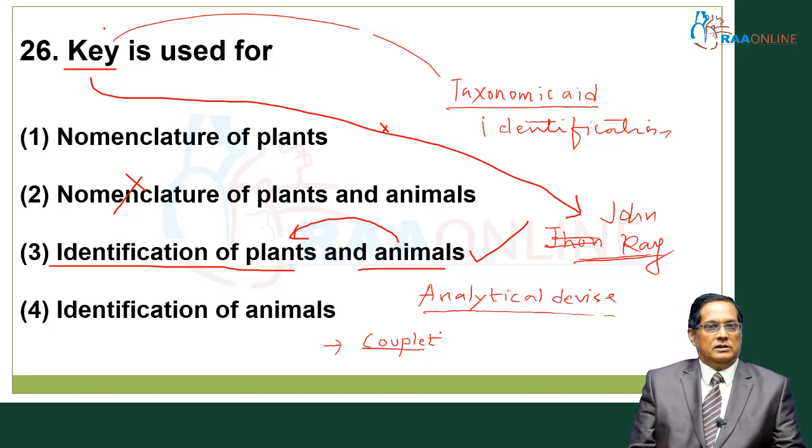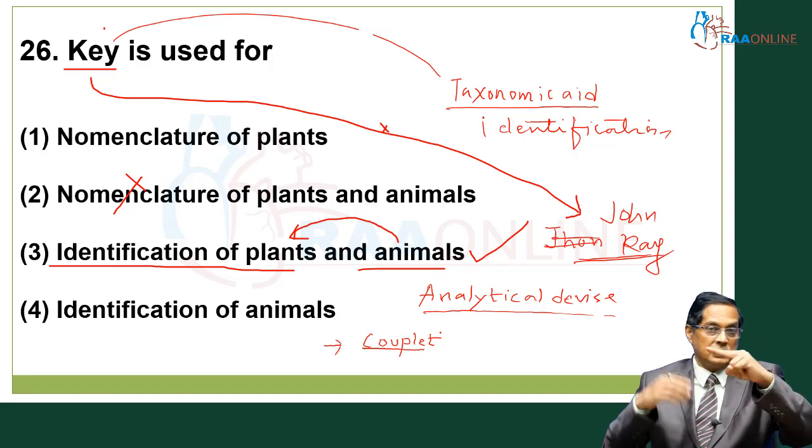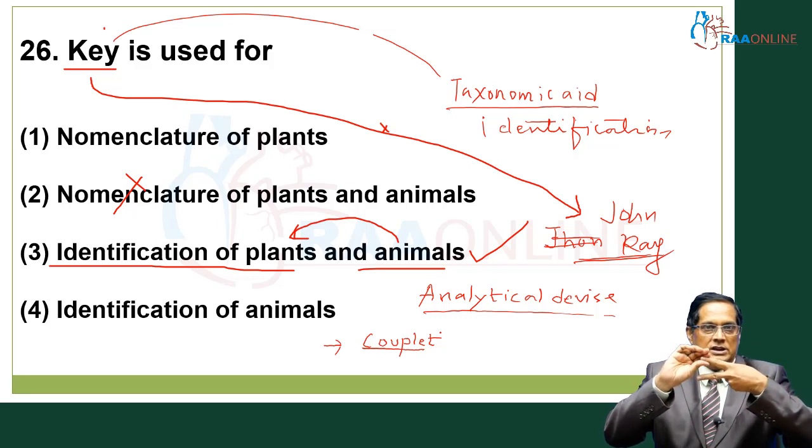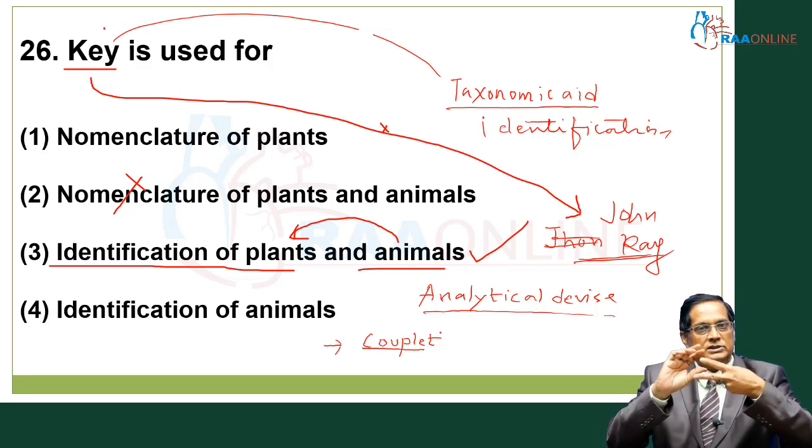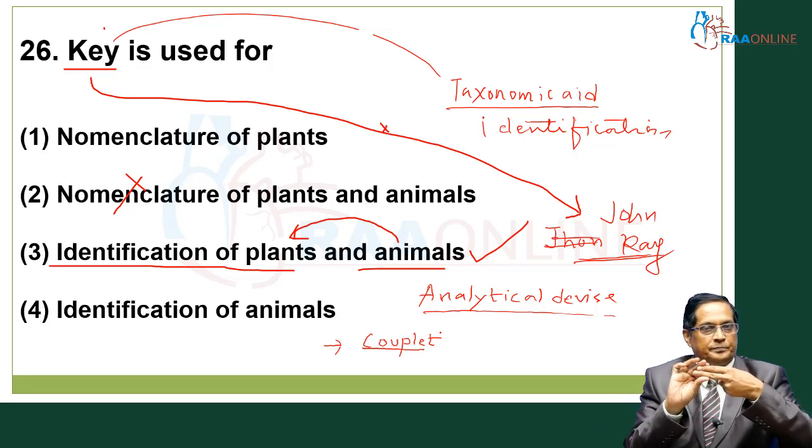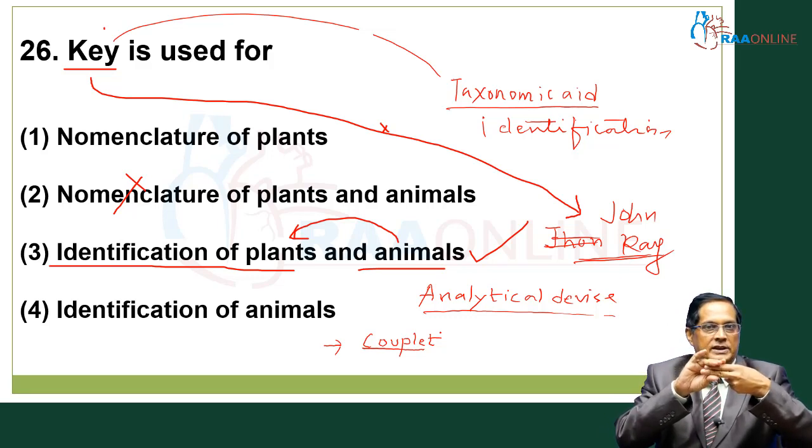While studying venation, there will be two options: reticulate venation or parallel venation in the leaf. These are two contrasting characters. This pair is known as a couplet.